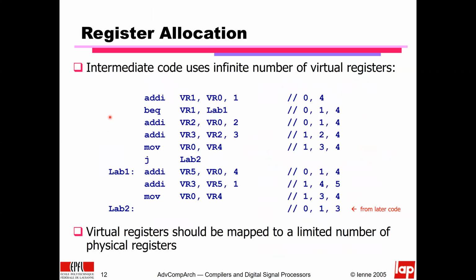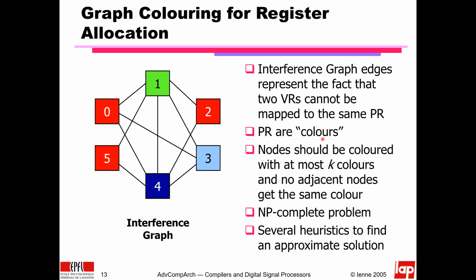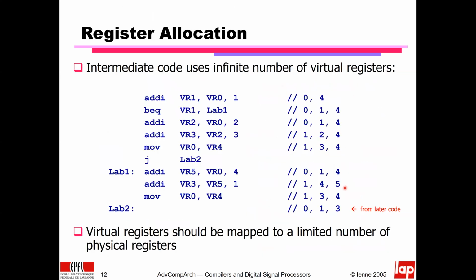So if I go back and I look here, register 2 contains something useful only here. Register 5, let me remember, contains something useful only between these two instructions, right?